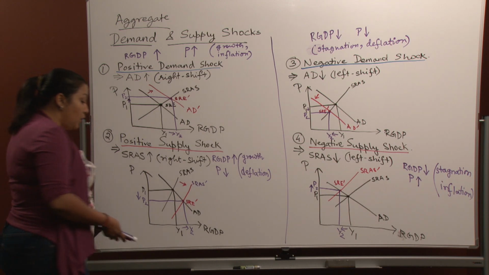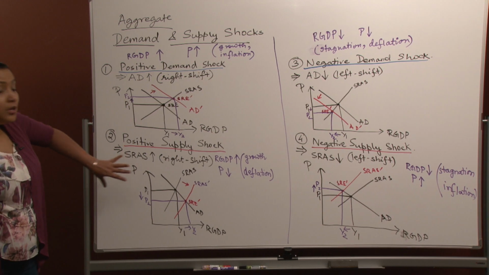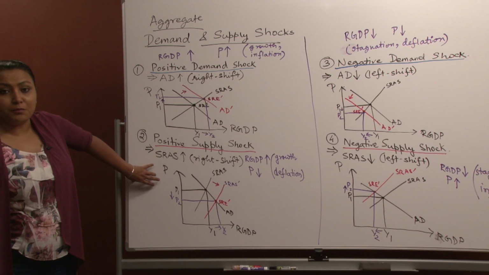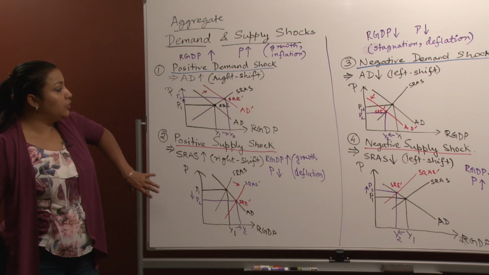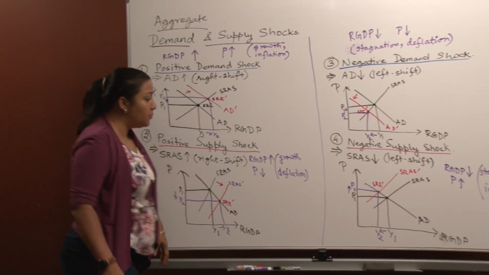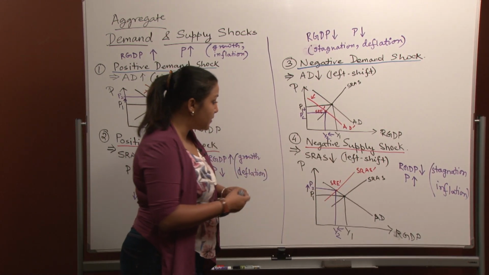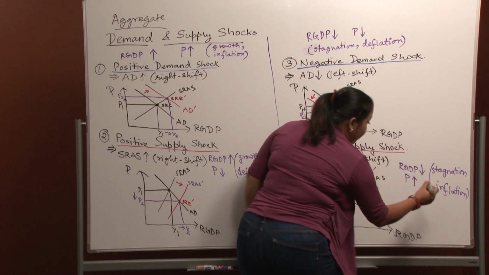So if I asked you what is the best kind of shock to the economy, your answer would be: positive supply shock, because it is creating two good things for the economy. The worst kind of shock for the economy is a negative supply shock, because it creates two bad things: stagnation and inflation.